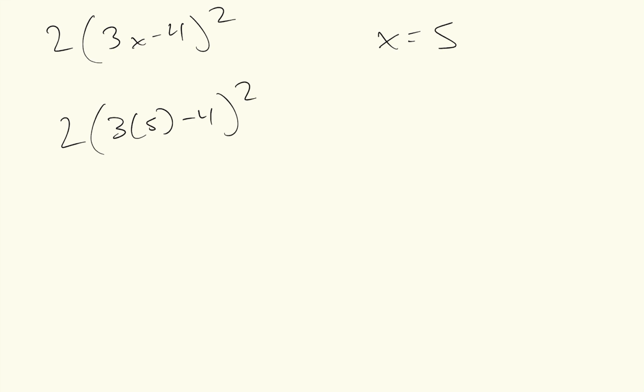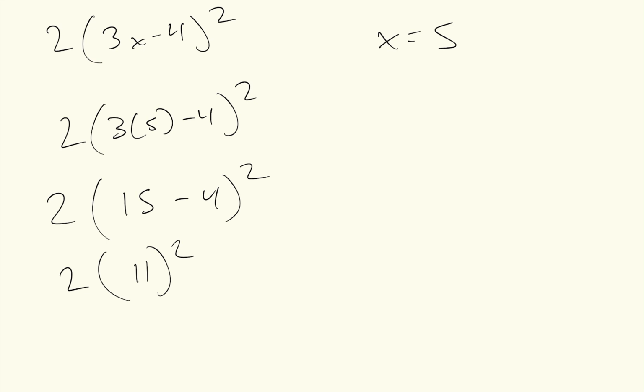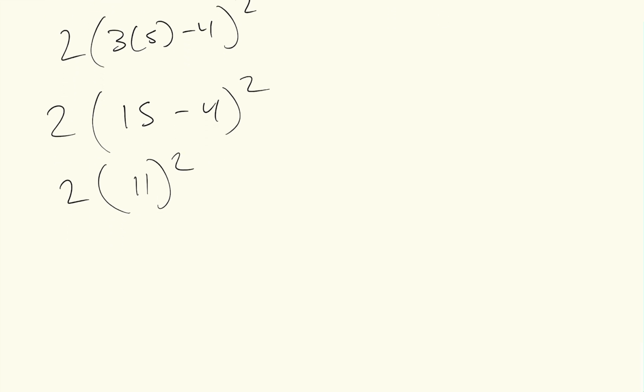Order of operations, BEDMAS, you have brackets first before exponents. So it's 2, and then inside the brackets, you have to multiply first. So you have 3 times 5, which is 15, minus 4, so 2 times 11 squared. 11 squared is equal to 121. 2 times 121 is equal to 242.